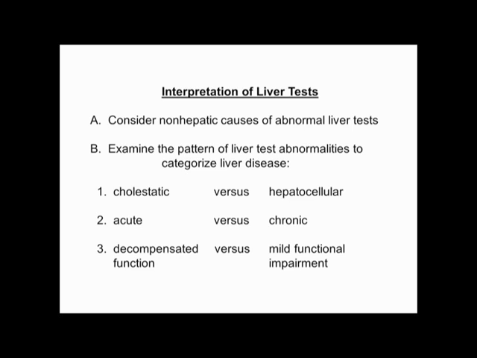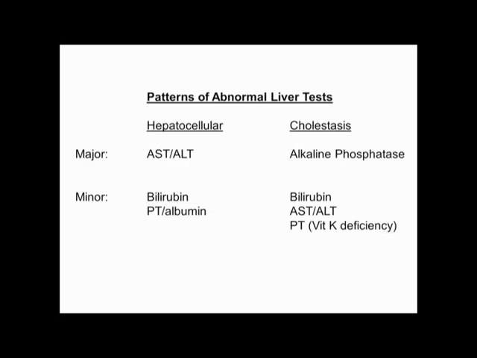Is there anything that tells you this may be acute versus chronic? Is the liver function bad? Is the liver function still pretty good? All right. So to tell whether it's hepatocellular or cholestatic, you look and tell whether the main abnormality, the biggest change, is in the transaminases or in the alk phos. They may both be abnormal.